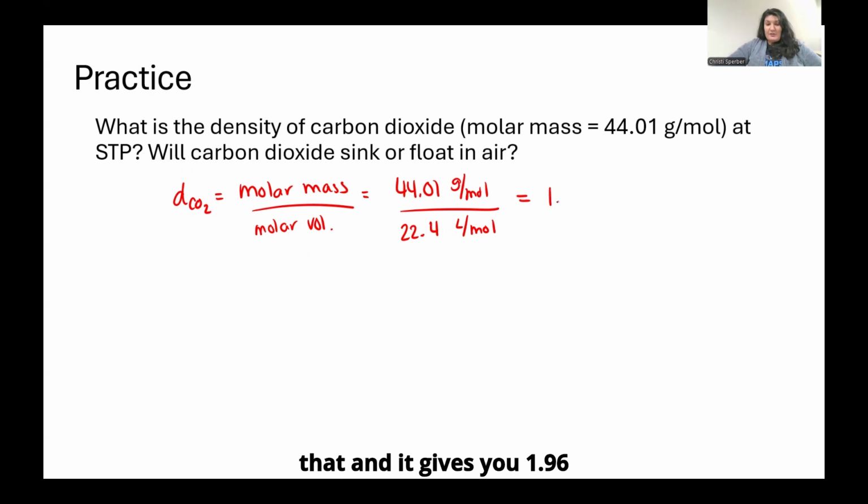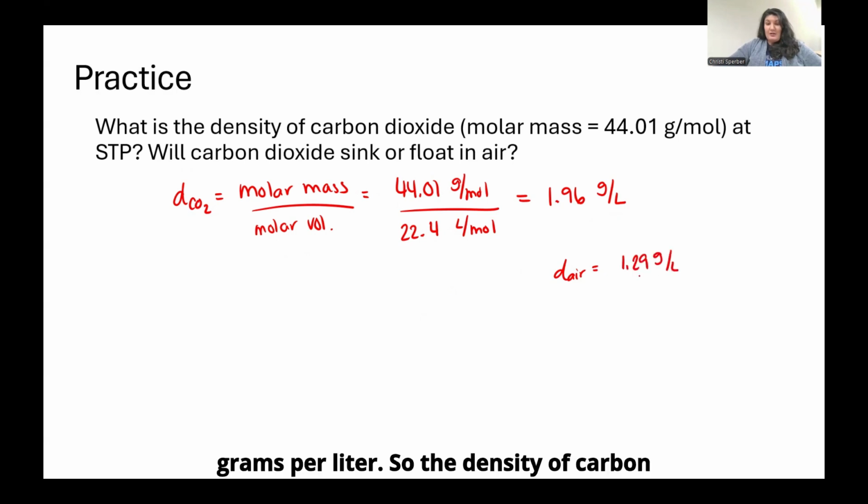Divide by that, and it gives you 1.96 grams per liter. The density of air is 1.29 grams per liter. So the density of carbon dioxide is greater than the density of air, therefore it will sink in air.